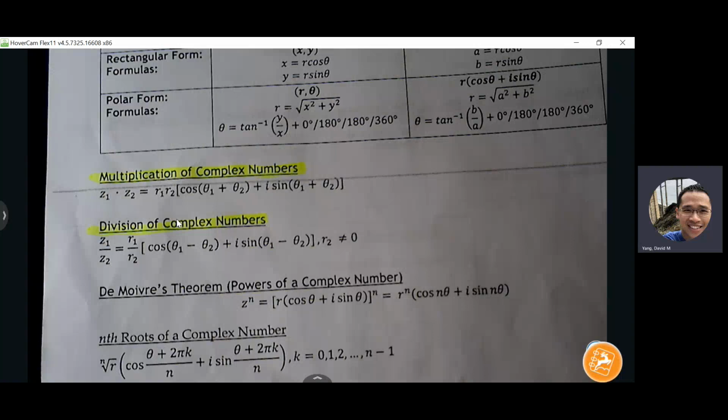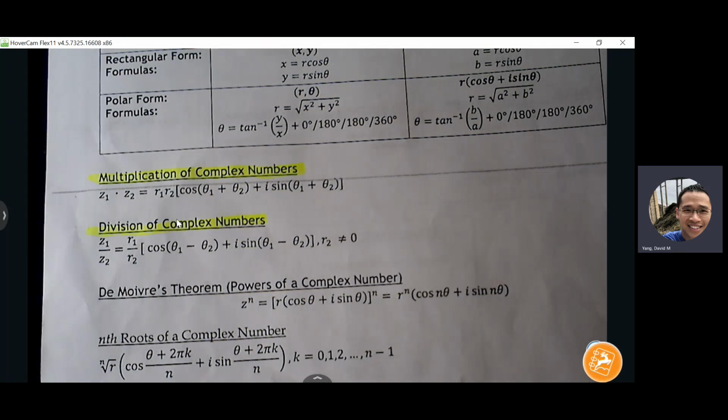If we have our radius and theta, we can just insert into this formula and get the form that we want. If we're doing multiplication, we're going to be multiplying the radius and then adding the thetas. If we're dividing complex numbers, we're going to divide the radius and subtract the thetas. We'll refer to these formulas and just plug them in because the hardest part is just getting from one form to the next. But once you do that, we can just put things in.